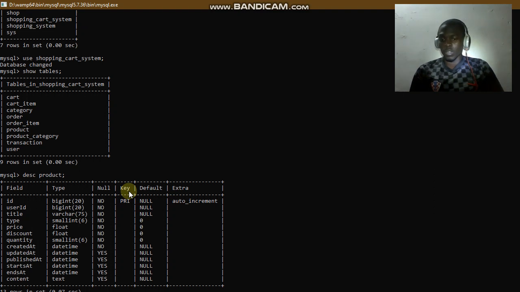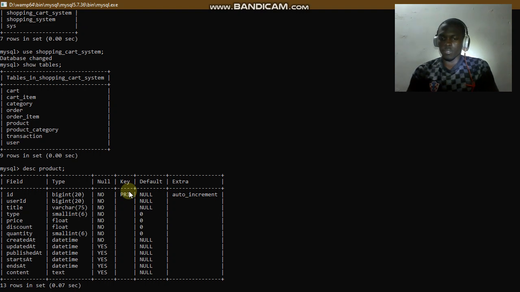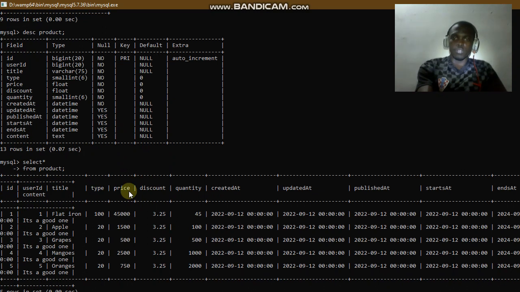I can actually run a query. Yeah, I can run a query and select all. To select all, you simply say select, then star, then from product. So this is a query that is going to return all the data which is stored in the product table, which is a long table.